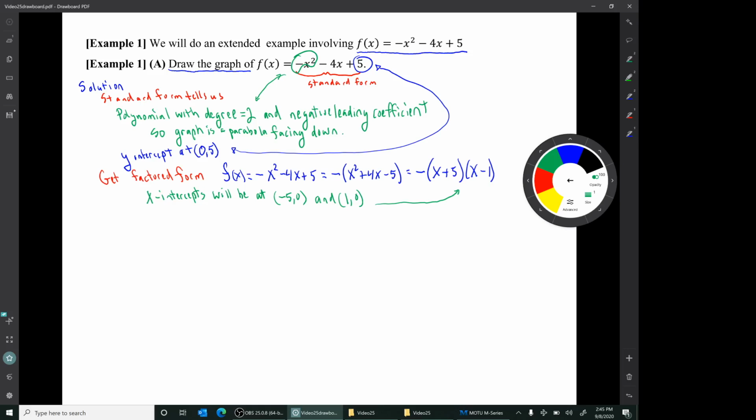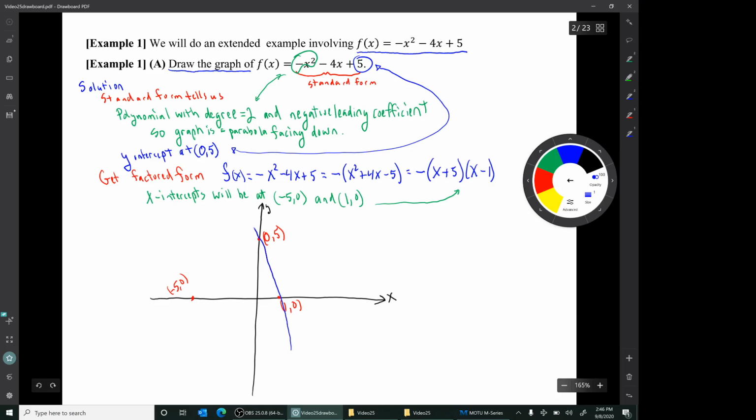So based on that information, just by scrutinizing the standard form and the factored form of the function, we can make a graph fairly simply without having to make a table of x, y values. So that's a very crude graph, but it conveys the important information, the shape of the graph and the key points that we can get just by scrutinizing the form of the function without doing any grungy calculations.